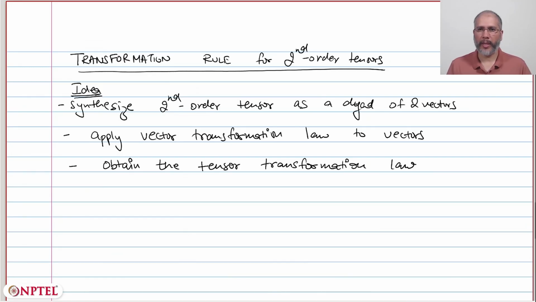So representing 9 components in terms of 6 components is not always possible unless there is a special case. So please don't take it that every tensor can be written as a dyad of two vectors, but we are using the idea of the dyad being a second order tensor to develop a transformation rule for second order tensors. So let's proceed with this.